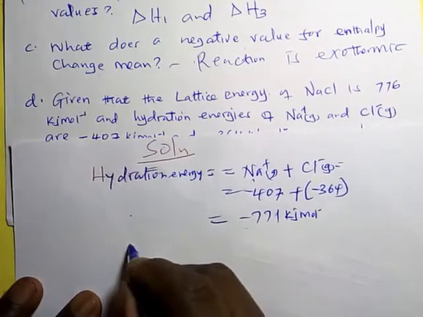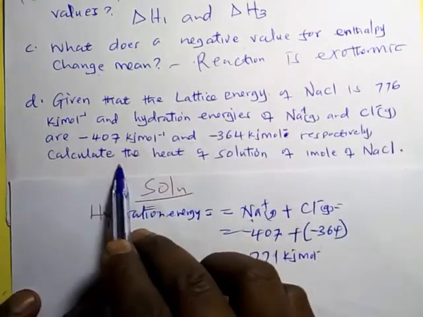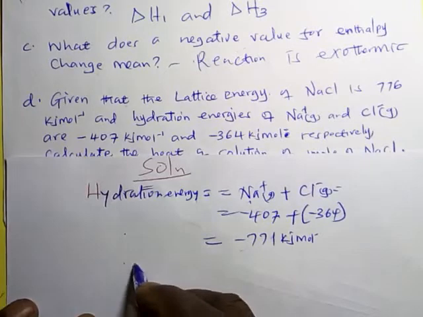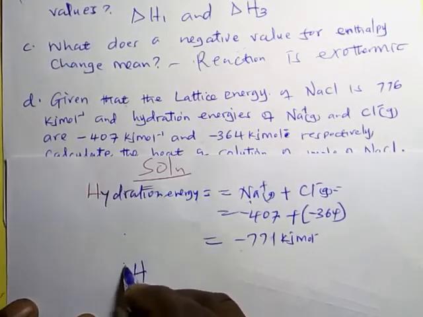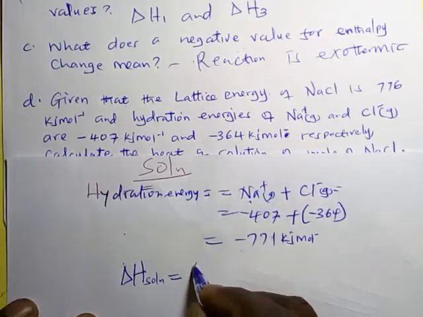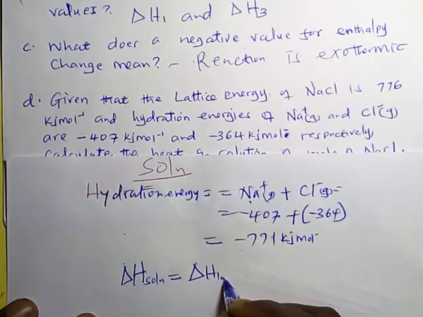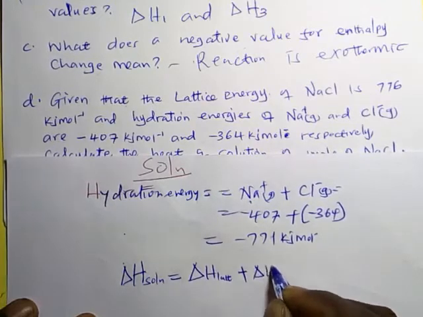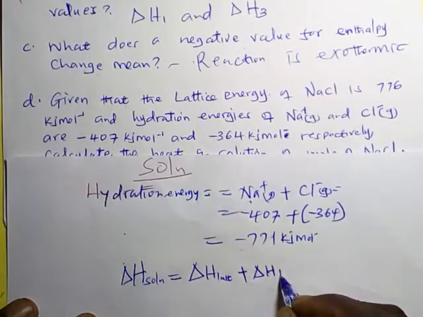But we are asked to calculate the heat of solution. We know that the enthalpy change of solution equals the enthalpy change of lattice plus the enthalpy change of hydration.